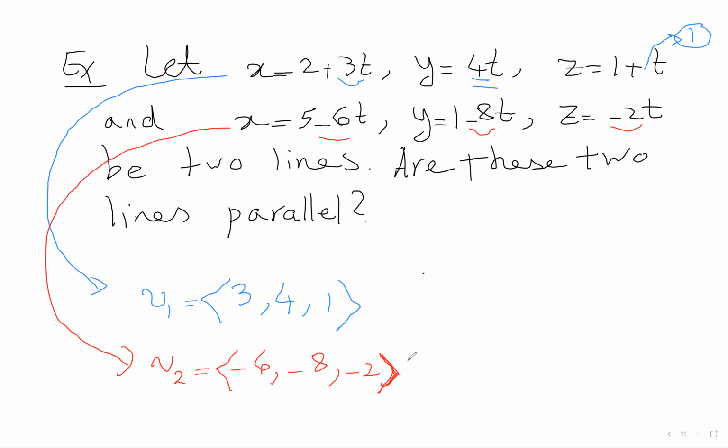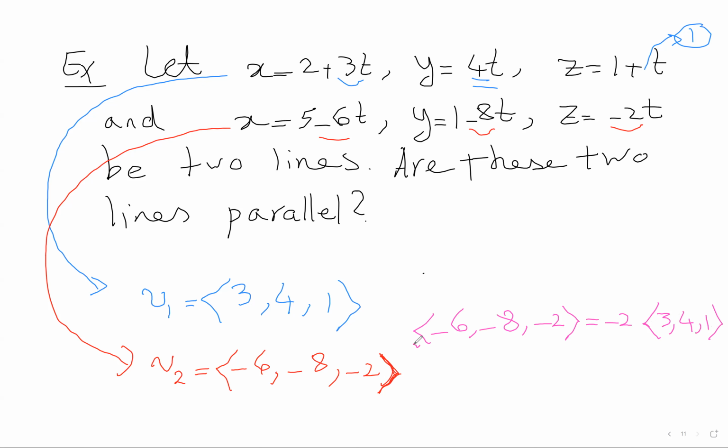Now the question gets reduced down to this: are these two vectors parallel? Is there a real number such that when I multiply one of them, I get the other one? Yes, we can, because I can write the second vector, minus 6, minus 8, minus 2, as minus 2 times the other vector, 3, 4, 1.